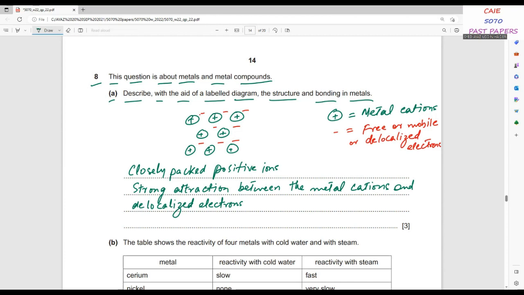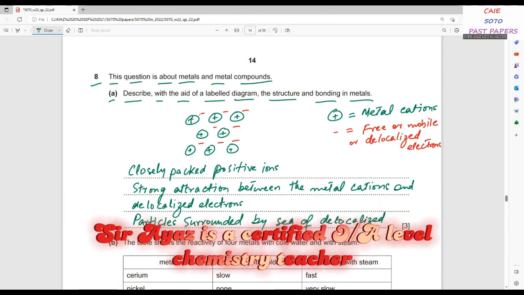Now, these particles are surrounded by a sea of delocalized electrons.